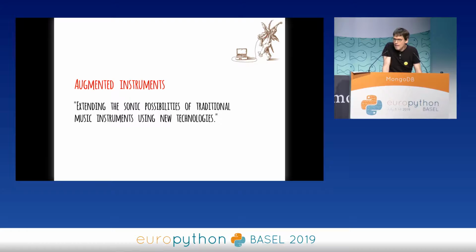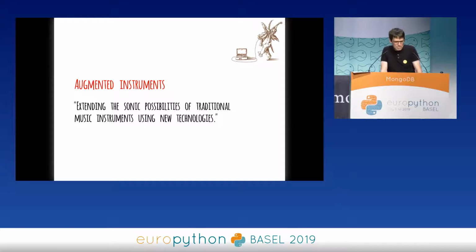One thing we've been researching quite a lot for the last decade or so is augmented instruments. What do I mean by that? It's taking an acoustic instrument, like a flute, a violin, piano, or something like that, and trying to extend the sonic possibilities of this instrument using new technologies and especially computers.